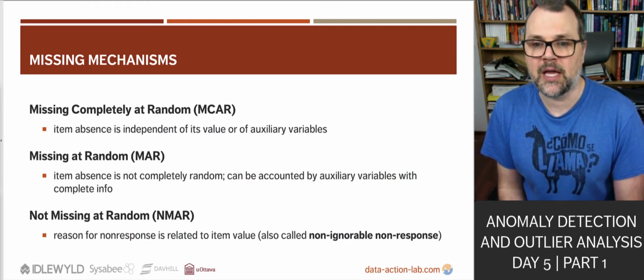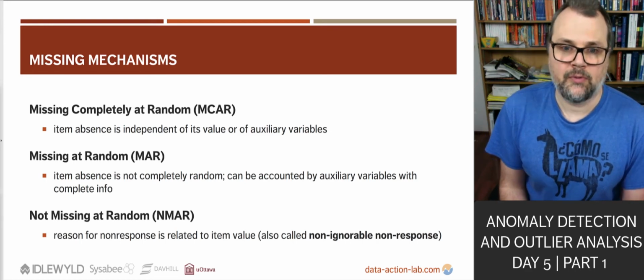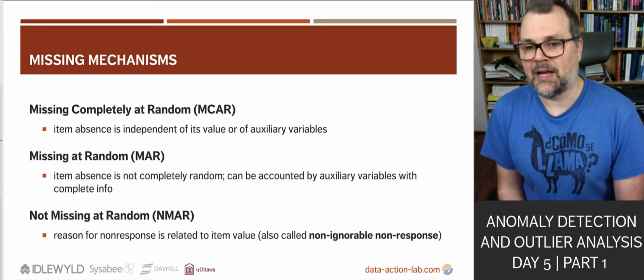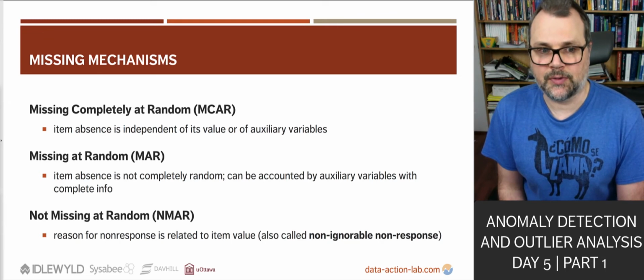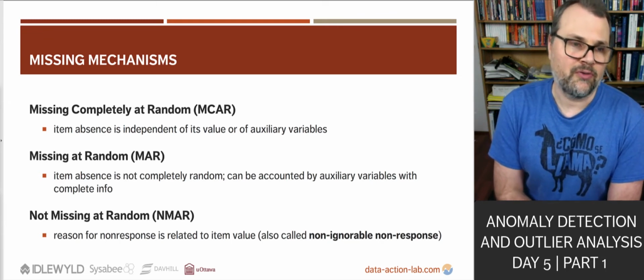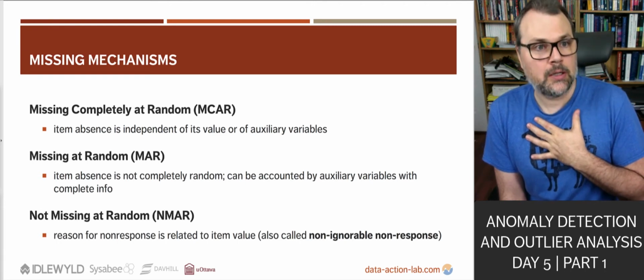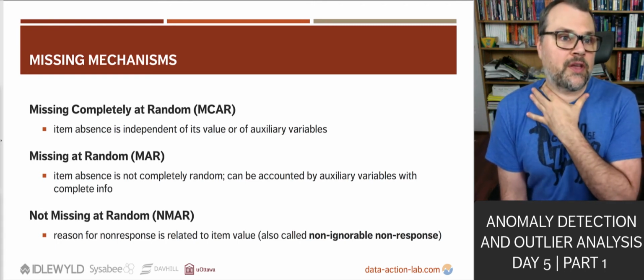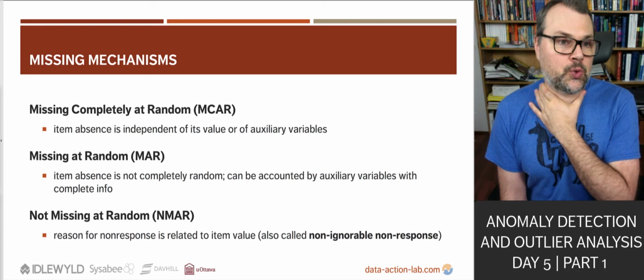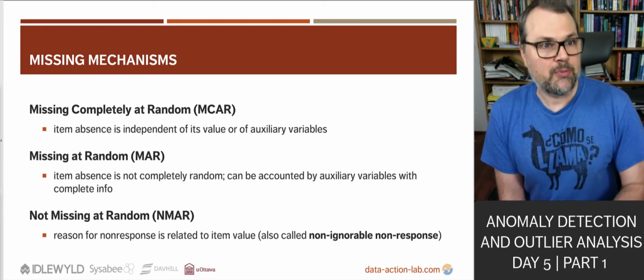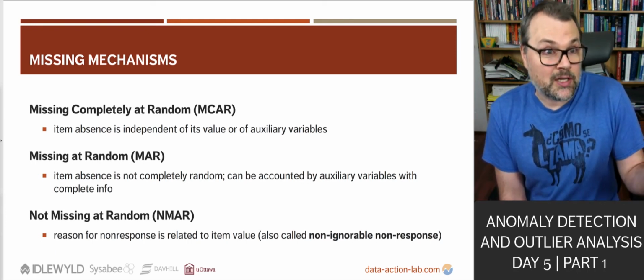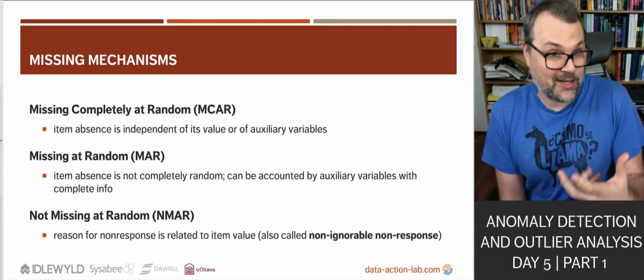Missing at random would be that the presence or the absence is not completely random. You might be able to account for the presence or absence by looking at auxiliary variables and some of the other values that you have. The typical example: if you ask people whether they suffer from mental health issues or not, some people will say yes, some people will say no, and sometimes you won't have an answer.